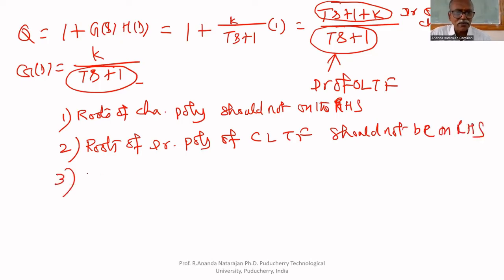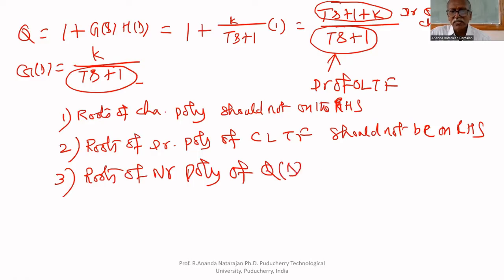The same can be said, roots of the numerator polynomial of Q of S should not be on the right hand side. All the three statements are the same. Roots of the characteristic polynomial should not be on the right hand side for a closed loop system to be stable. Roots of the denominator polynomial of the closed loop transfer function should not be on the right hand side. That is also the same. Roots of the numerator polynomial of Q of S, because roots of the numerator polynomial are nothing but the characteristic equation.